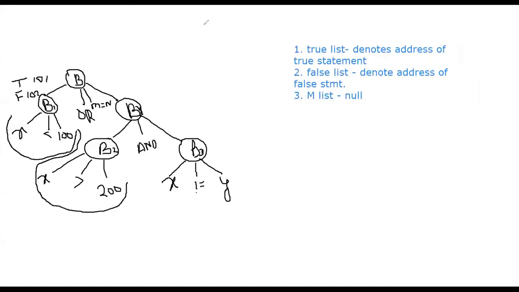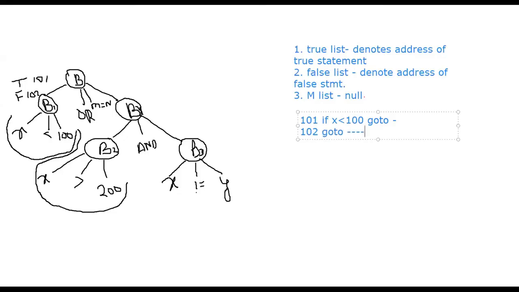So let's start writing the code now. At the line number 101, what I have written: if x is less than 100, then go to blank. At line number 102, what is written? Go to blank, right?